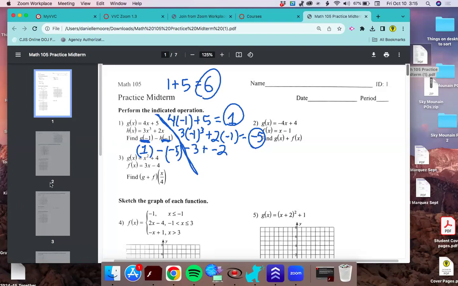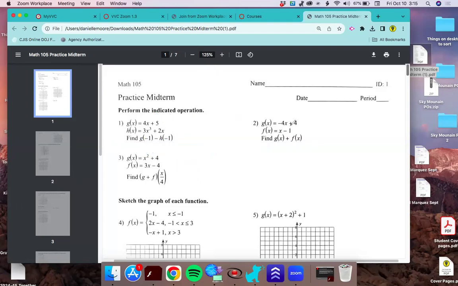Okay, next one up. Number 2, we have g of x, just asking us to add the two functions as is. And so here we go, just saying keep it in general form. So g of x is x minus 1, and I guess we'll just add them.